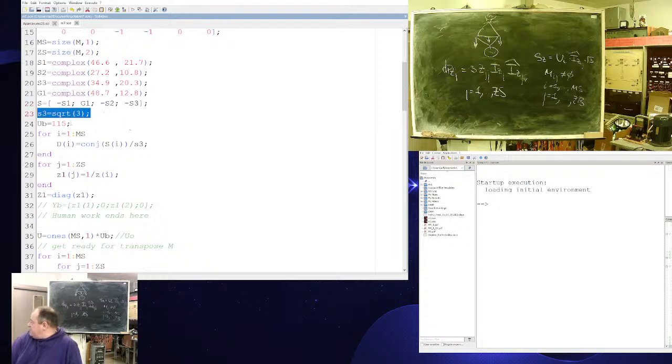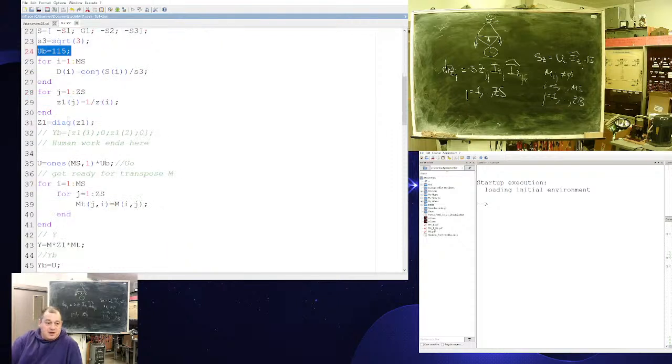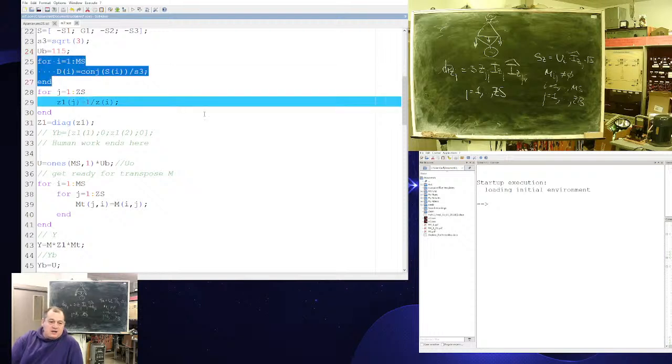Square root of 3 and voltage of the base node. Here I compose the D matrix, which is a pure diagonal, so I don't need to fill all the zeros.